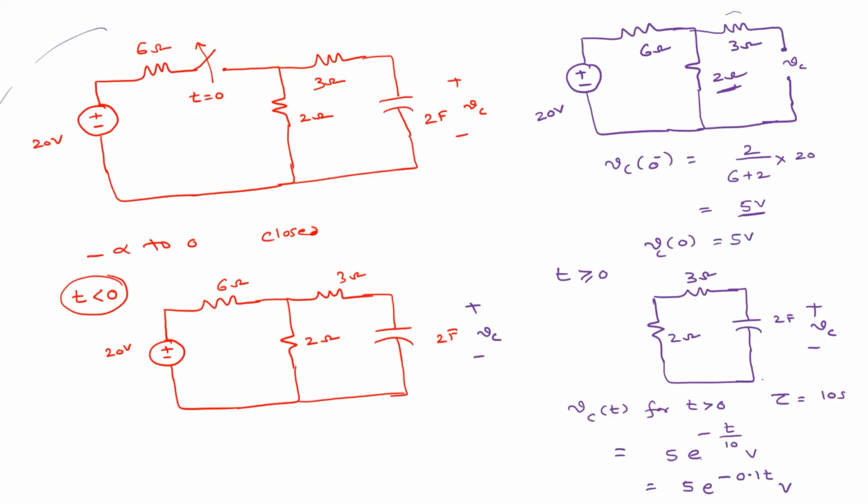The switch is initially closed for a long period, and the switch is open at t equal to 0. So from that data we calculated the initial voltage, and from the initial voltage, we have calculated the final waveform or final response for t greater than 0. Okay, so this is the one.